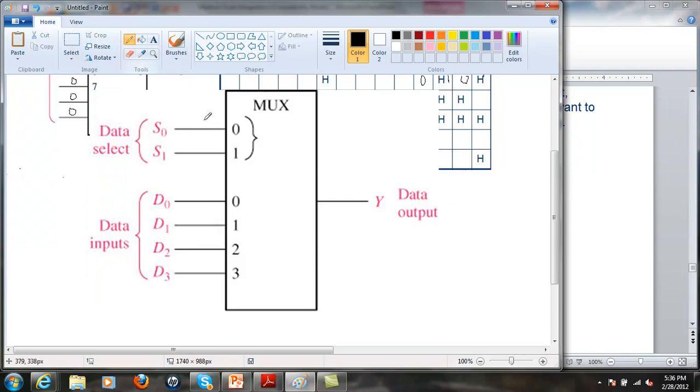So for example, if I select 0, 1, that's this pin, that's the input number 2. Whatever data appears here will go to my output.